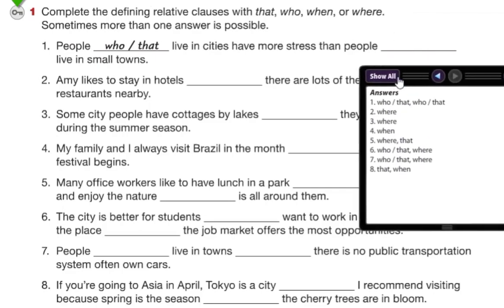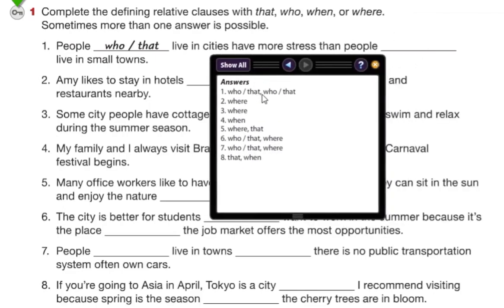So for exercise 1 we have who, that, or who, and that. Second, where. Remember that "that" cannot substitute where, and once again where, when, neither. That cannot. That is only for who or which. And where, then we have that, who, that, where, who, that, where.